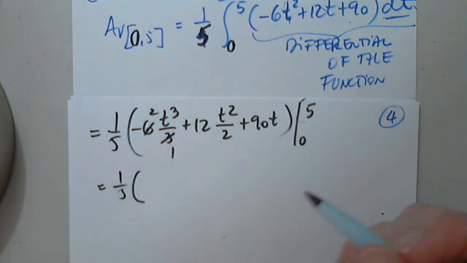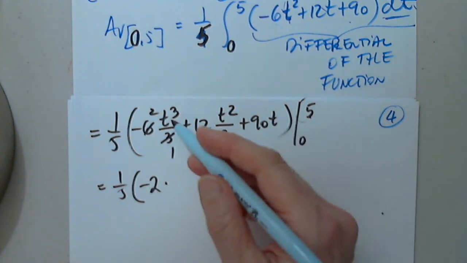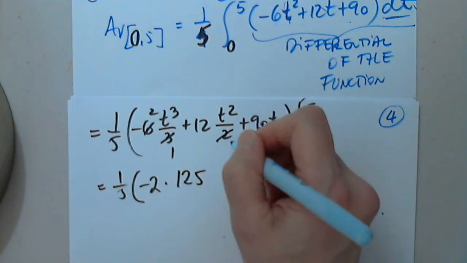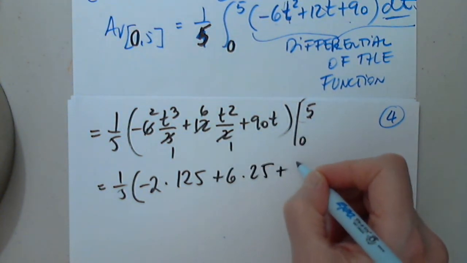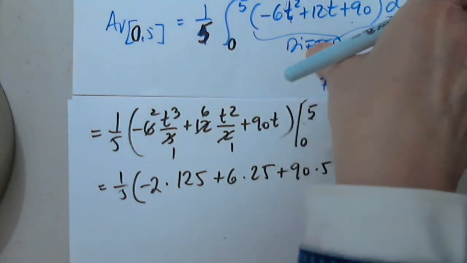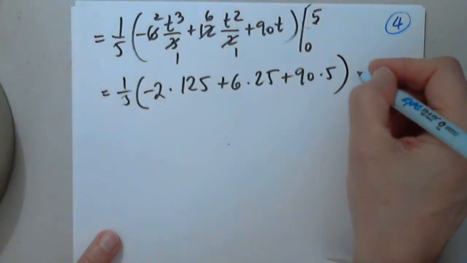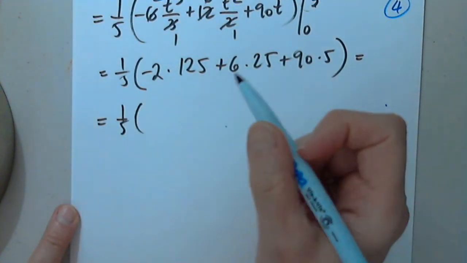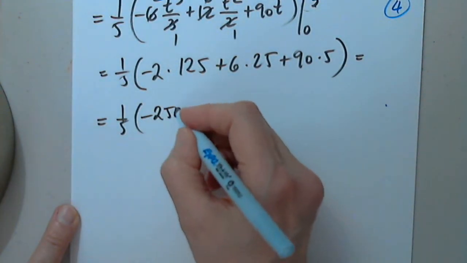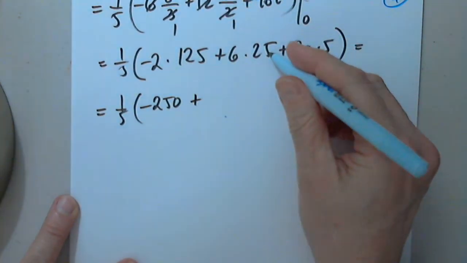So 1/5, so negative 2 times 5 to the third, which is 125, plus 6 times 25, plus 90 times 5. Okay, 1/5, so this is negative 250. Careful, my numbers are off today. I'm not sure why.